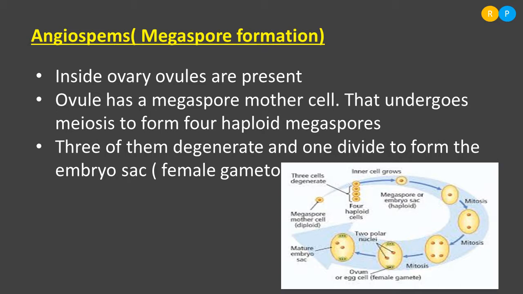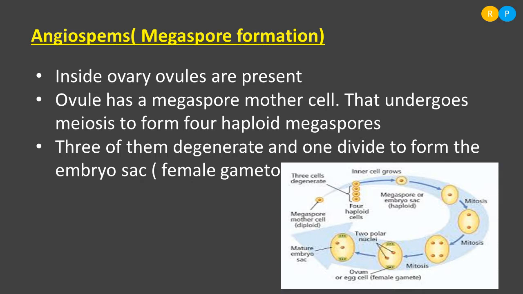Only one megaspore is retained, and that megaspore is going to form a matured embryo sac. You can see the further changes that take place in the dominant megaspore. Initially we can notice only one nucleus, and in further development the one nucleus divides and forms more nuclei within the megaspore. Understood, right? These are the few changes that take place in the female gametophyte.